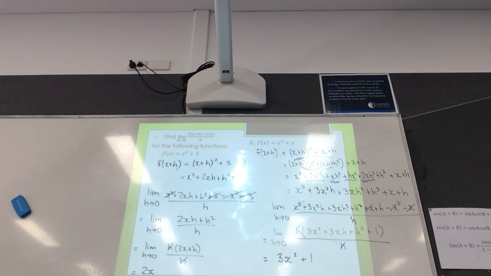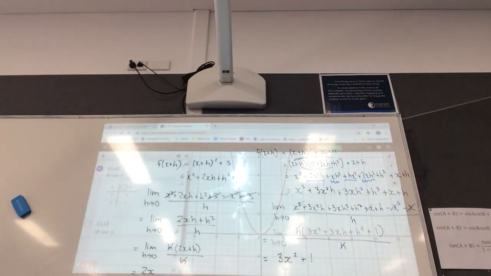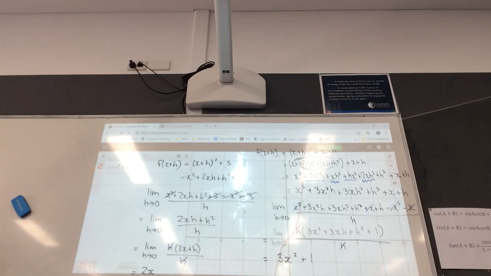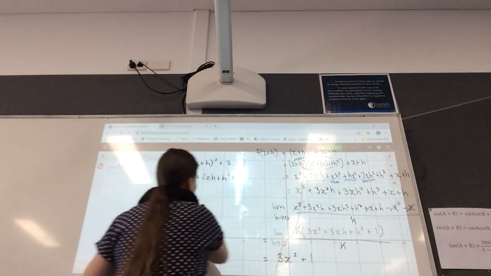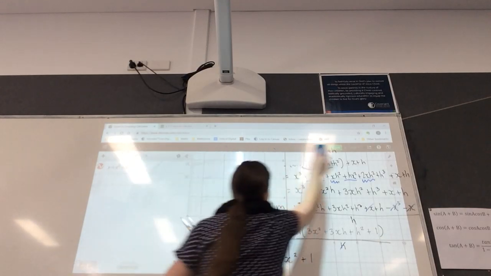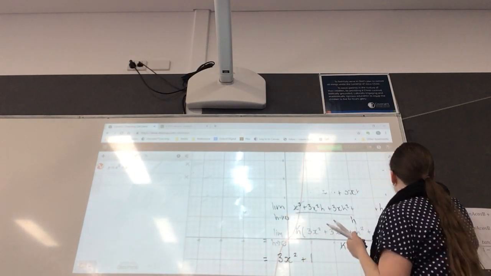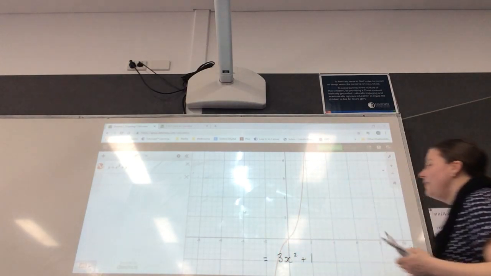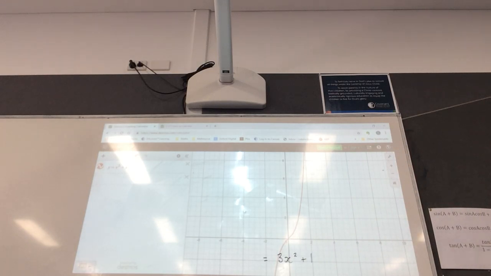I might actually just bring that curve up. So we've got y equals x cubed plus x. And when we differentiated, what we found was the gradient of the tangent to the curve.